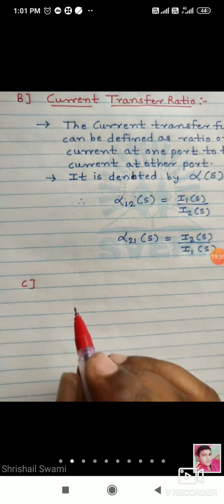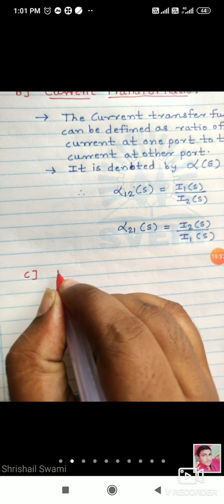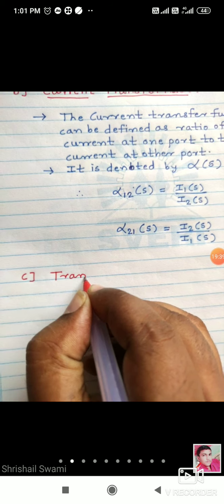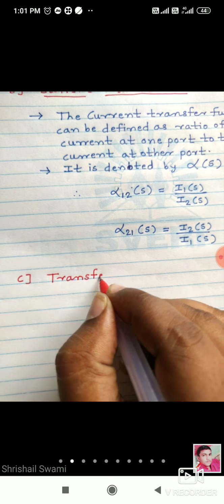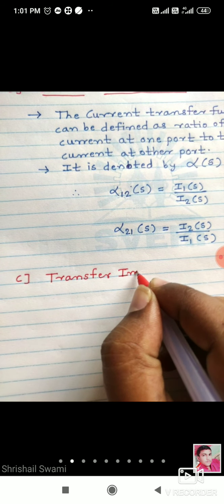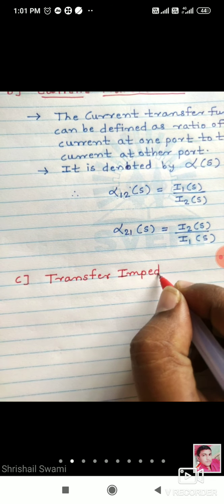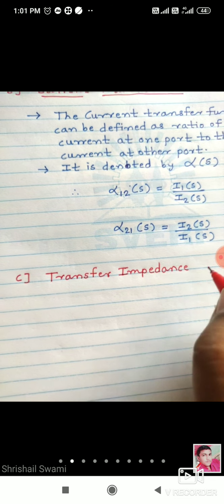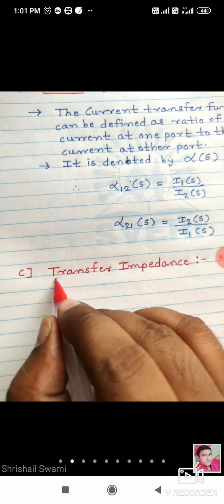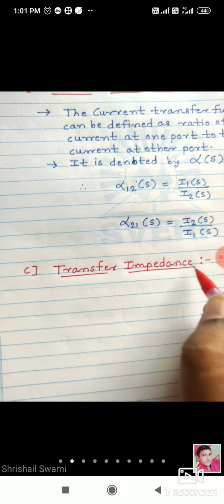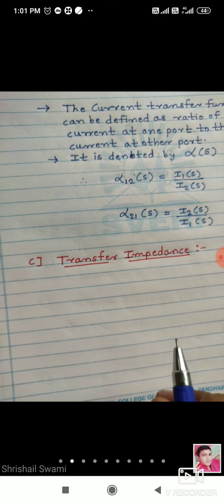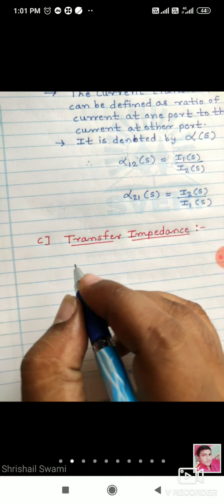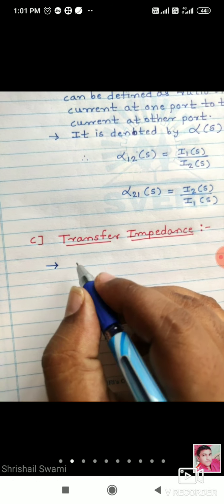Continue now. So C part will be transfer impedance functions. So again, we will write combinedly the definition.